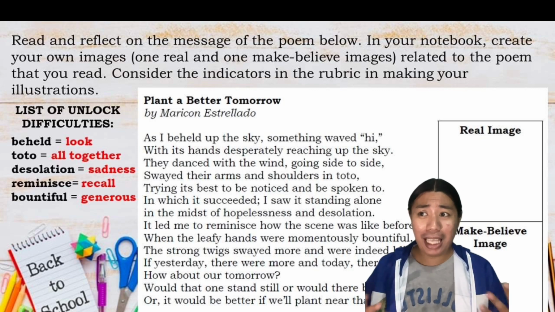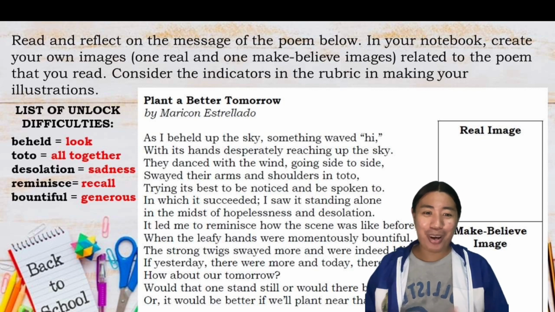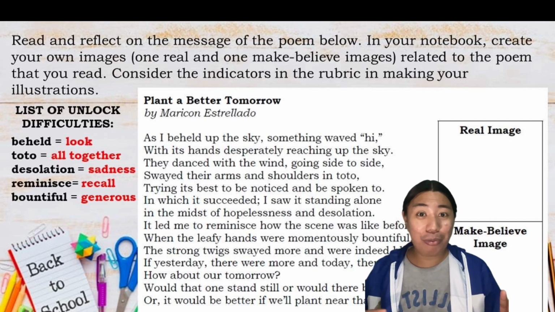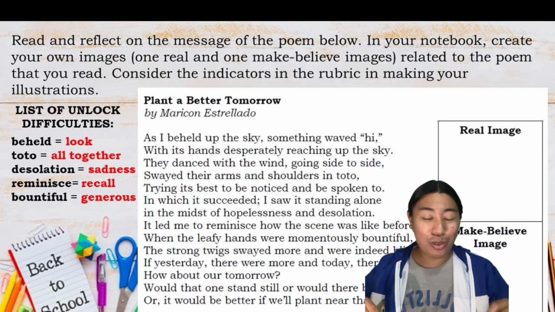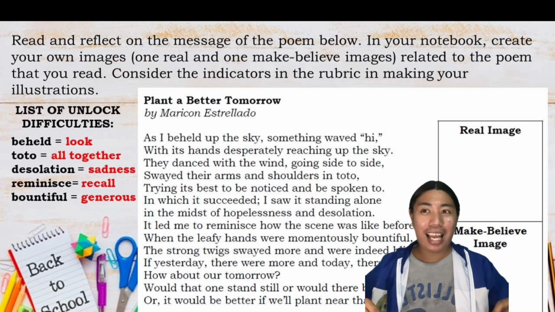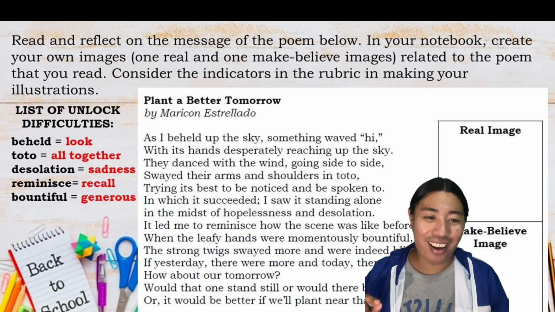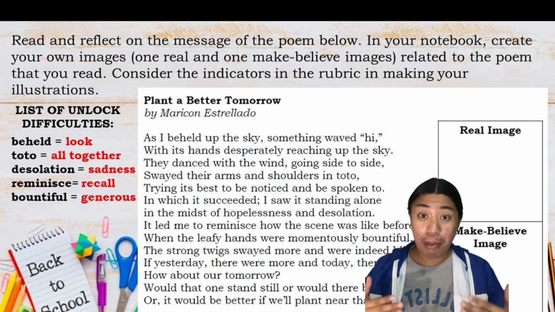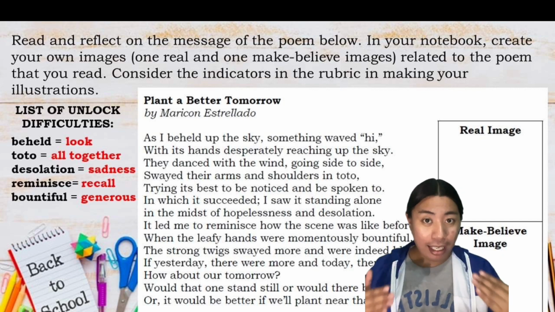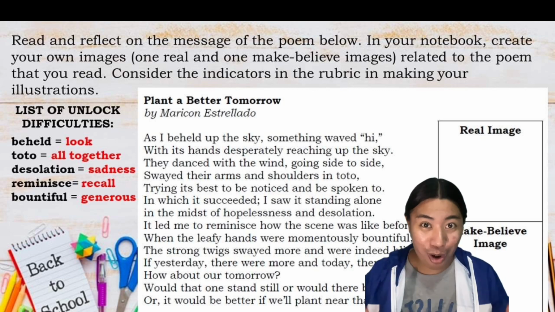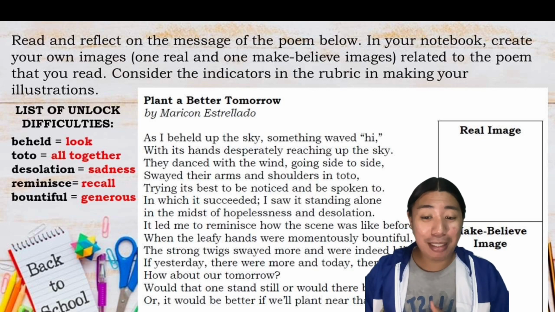So it's all about planting for better tomorrow. Okay? So mag-draw kayo ng isang image na real na talagang nangyayari sa totoong buhay kung meron tayong pagmamahal sa ating environment through plants. Okay? And after that, below then as well, gagawa din tayo at mag-draw din tayo ng something exist in our imagination na drawing pero may kinalaman pa rin sa poem ni Maricon Estrellado.